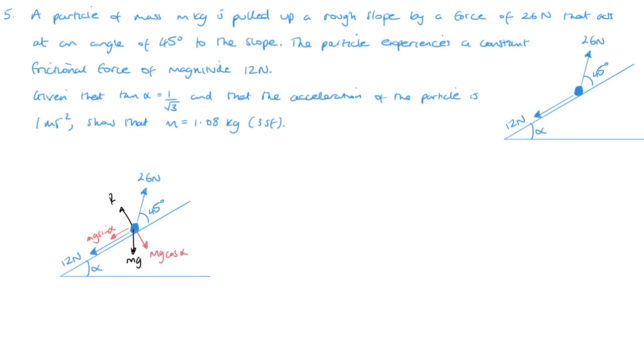Okay, so that is that one done. Then the 26 newton force will go this way and this way. So this is 26 cos 45 and this one is 26 sine 45. That's the 45-degree angle, although in this case cos 45 and sine 45 are the same thing. So now I've got all of my values on here.